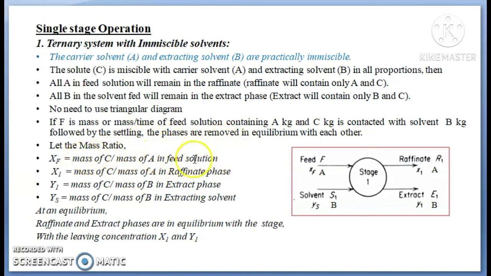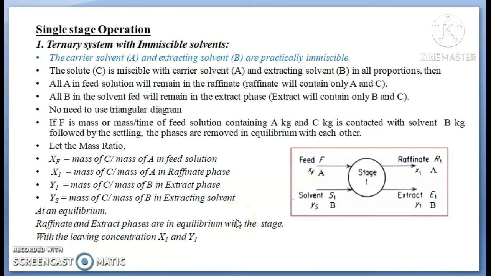Subsequently, X1 is the mass of C per mass of A in the raffinate concentration, whereas Y1 is for the extract phase, and YS for the concentration initially present in the extracting solvent. If pure solvent is used, YS is equal to 0. At equilibrium, the raffinate and extract phases are in equilibrium with the leaving concentrations X1 and Y1.